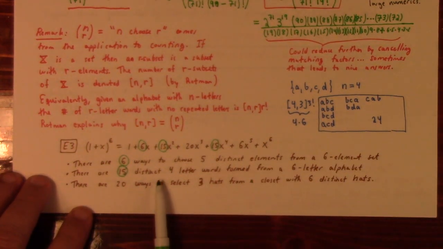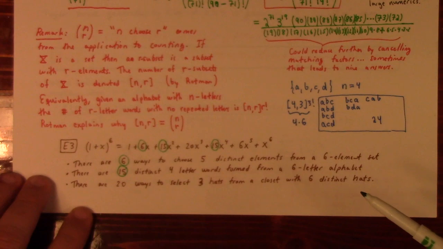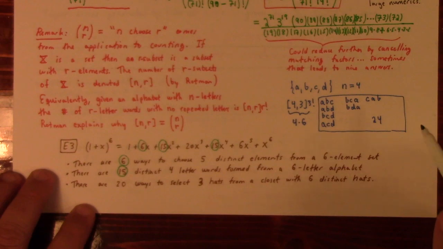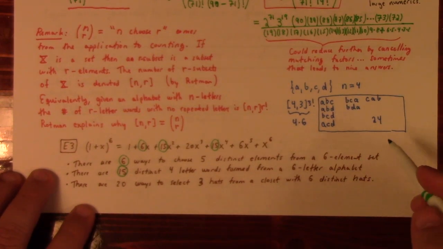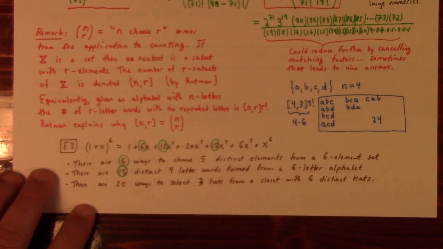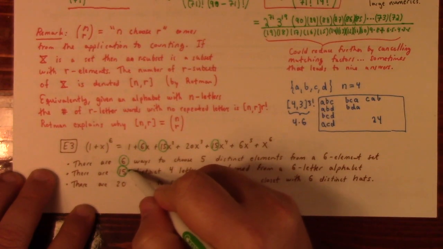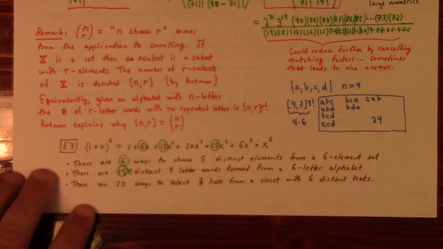There are 15 distinct 4-letter words formed from a 6-letter alphabet. That is not true. There are 15 times 4 factorial, so I need to multiply that by 4 factorial, which is 15 times 24, which is big. Let's see, 15 times 24, what is that?